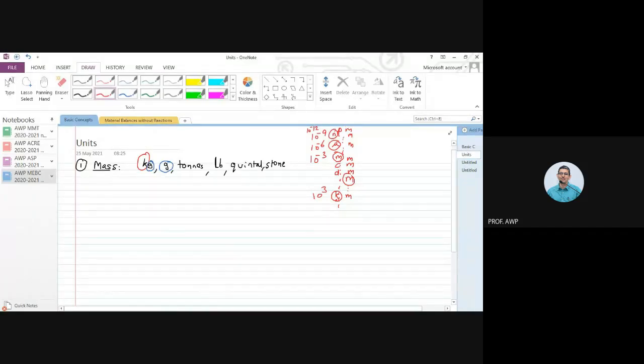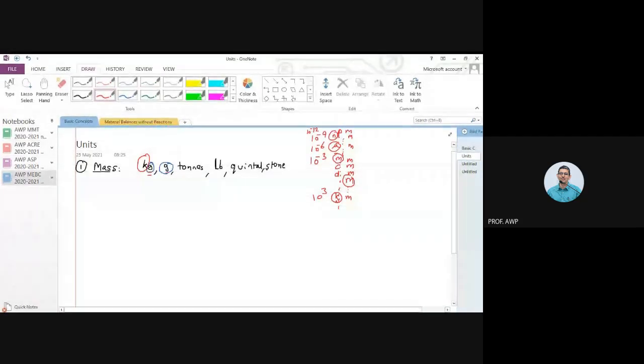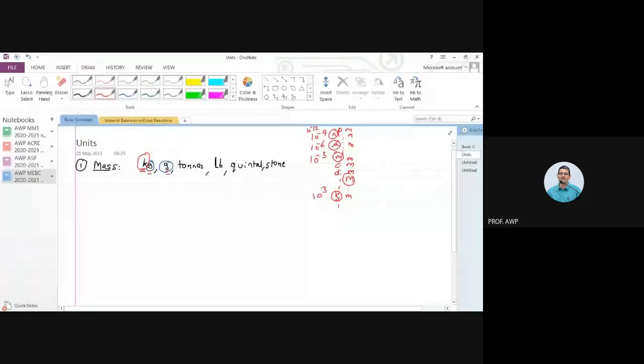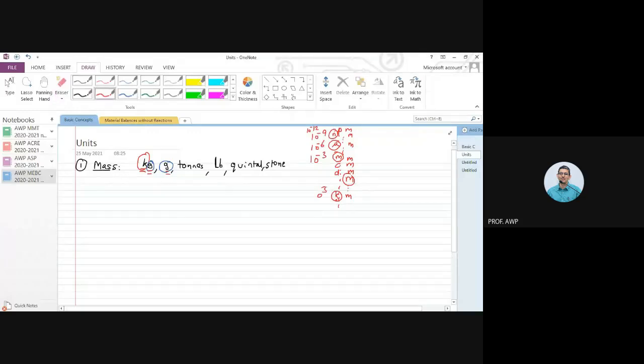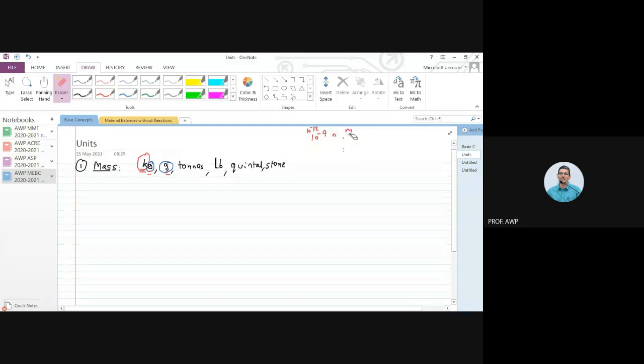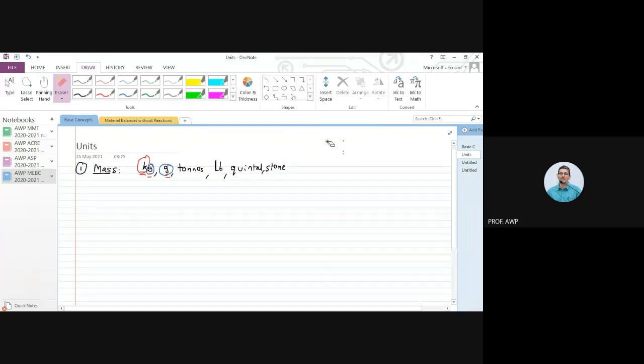Right. So along with the unit, we also sometimes use this prefix when we want to talk about 10 raised to 3, 10 raised to 6, 10 raised to 9, 10 raised to 12, or 10 raised to minus 3, minus 6, minus 9, minus 12. So how do you convert one from the other?